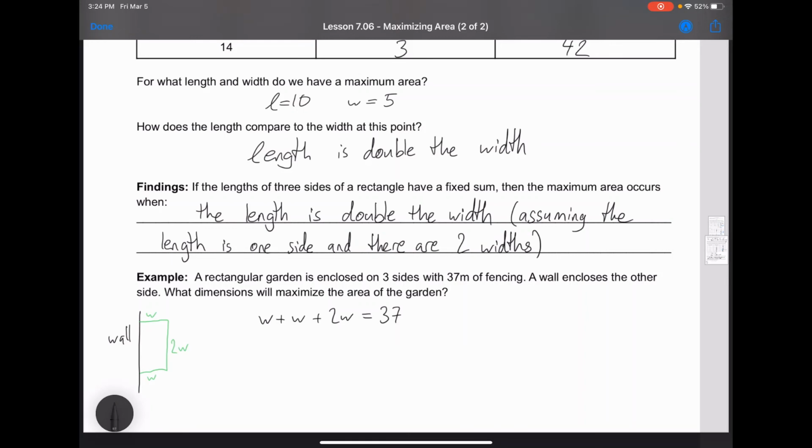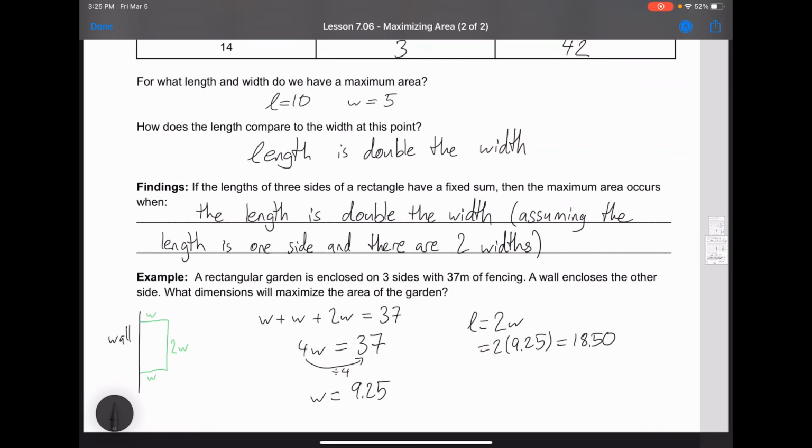Now that we have this set up, we can collect like terms. So we have 4W, and you don't have to use the variable W, you could use something else, but that's what I've chosen. Then solve for W. We want to do the opposite operation, so we'll divide by 4, and that will give us W is equal to 9.25. And we said the length is twice the width, so the length is 2 times 9.25, which is 18.5.